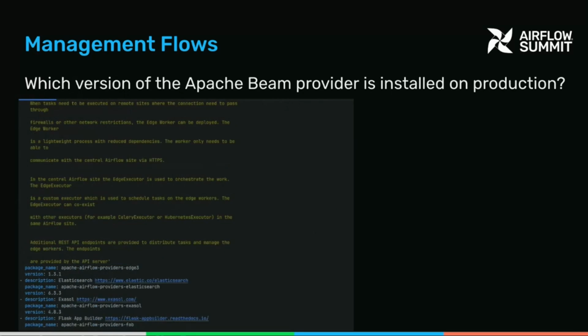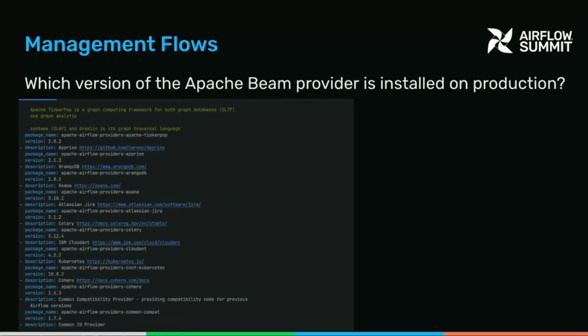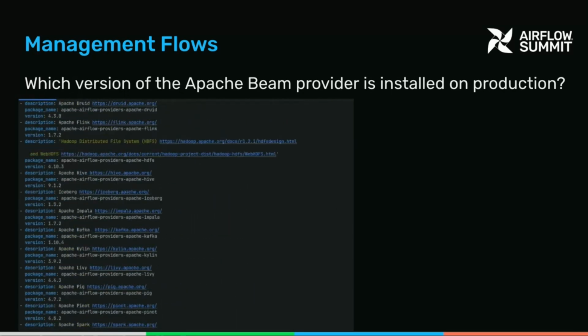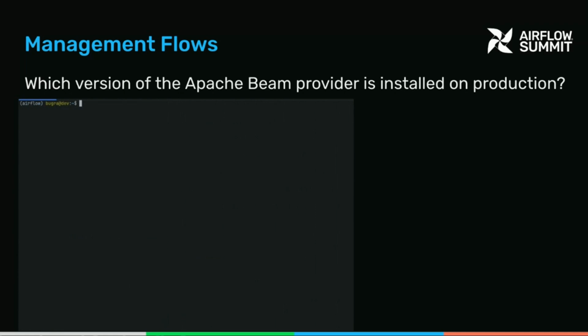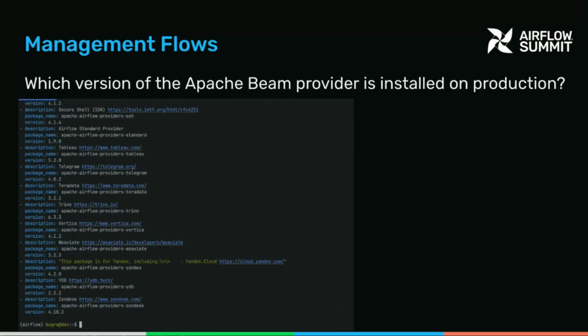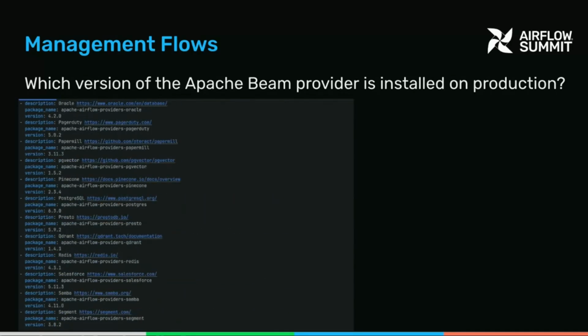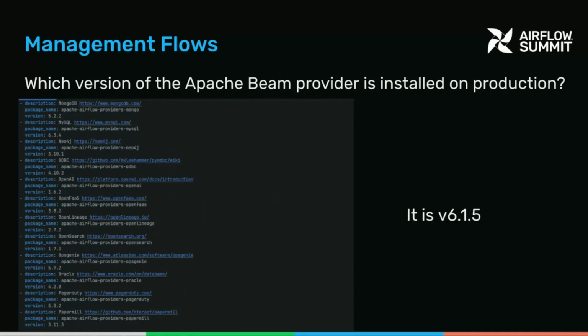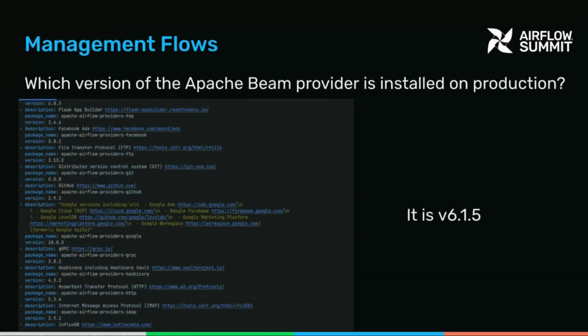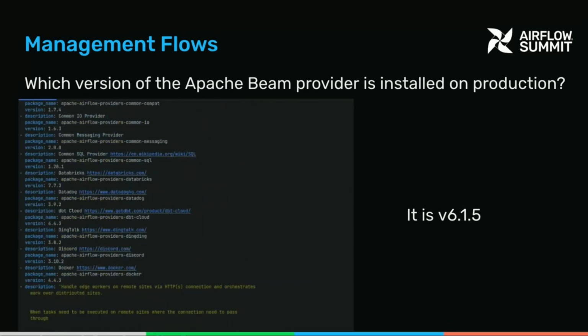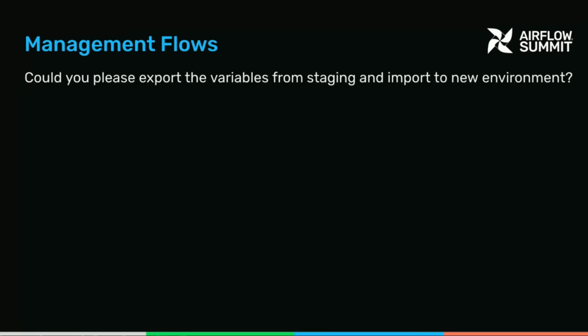But you can also use Airflow CTL providers list. And you can check or even grab a certain provider with its version and its package name, and I can say it's 615, sorry. Okay, and on to the next one.